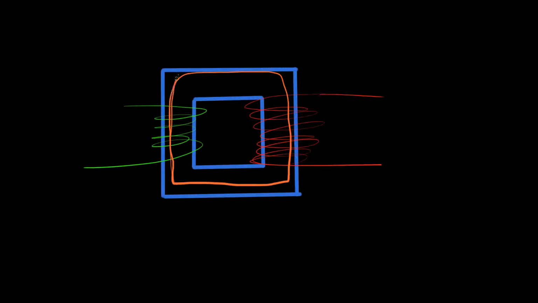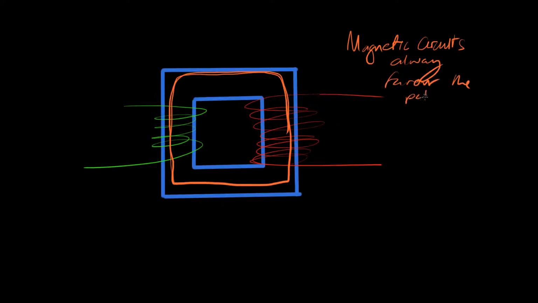Because one of the factors that you must understand about magnetic circuits is that magnetic circuits always favor the path of least resistance, and hence like to shorten themselves as much as possible.